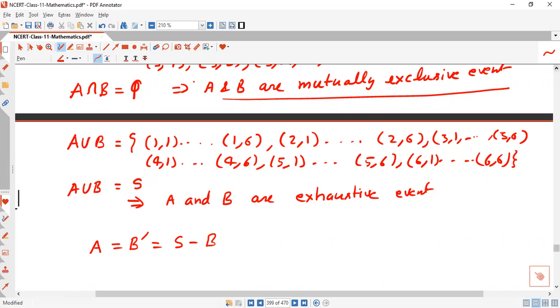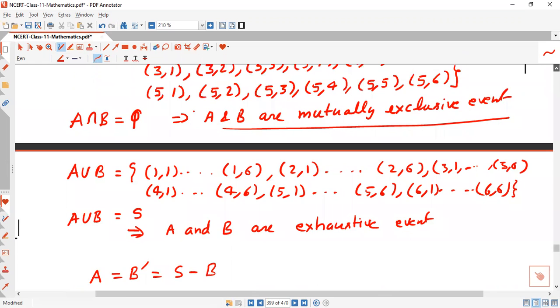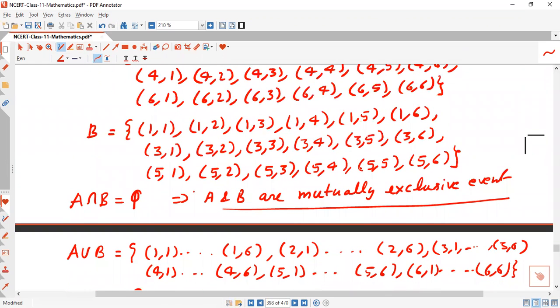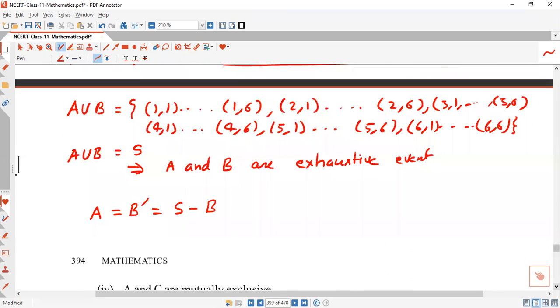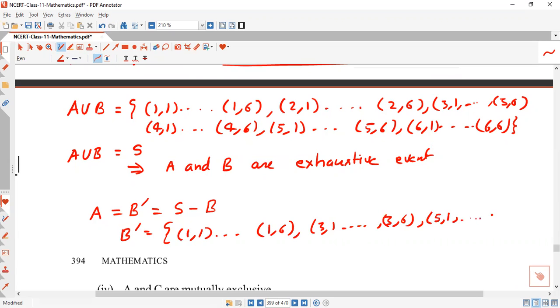Let's say also, what is B dash? A equal to this one. And what is B dash? How do we write B dash first? B dash comes out as the elements that are in the sample space but not in B. So we are getting the values 1,1 up to 1,6, 3,1 up to 3,6, and 5,1 up to 5,6.